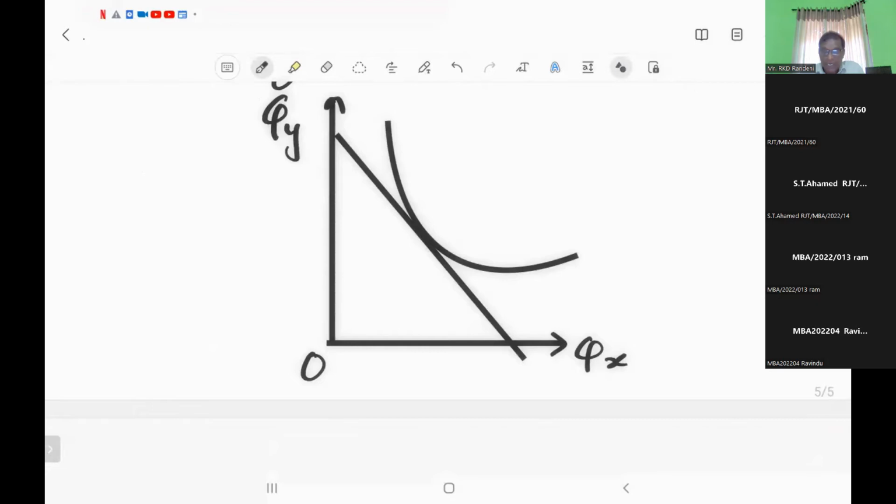Now you can enter the indifference curve map in the same graph. You can do that, budget line and the indifference curve, same graph. Then there is one point.